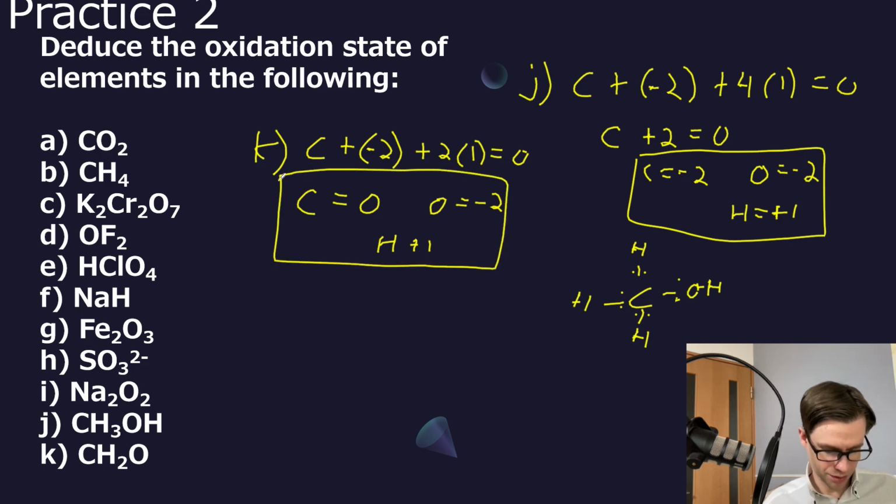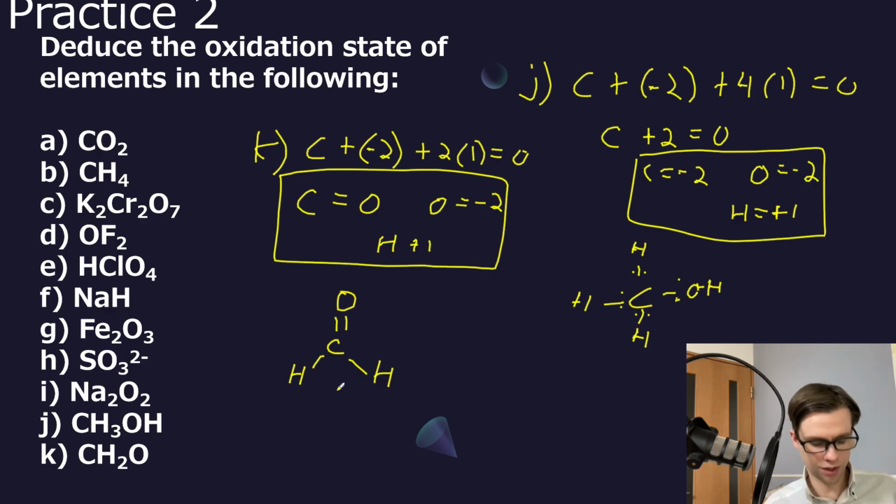If you draw the structure of this, it should also make sense. This will be a carbon-oxygen double bond and then 2 C-H single bonds. So C goes -1 for each of these hydrogens, pulls these electrons close, gets the electron. But with the C-O bond, it loses all those pairs. Those 2 pairs get pulled to oxygen, so C goes +2 from that as oxygen takes them.